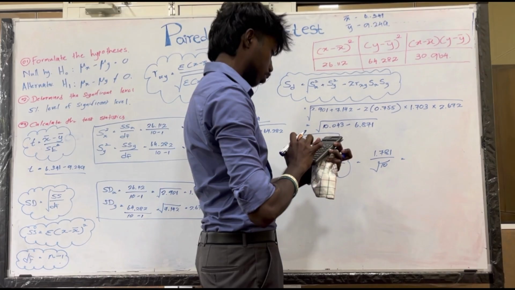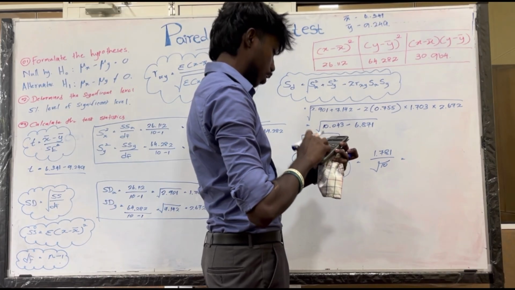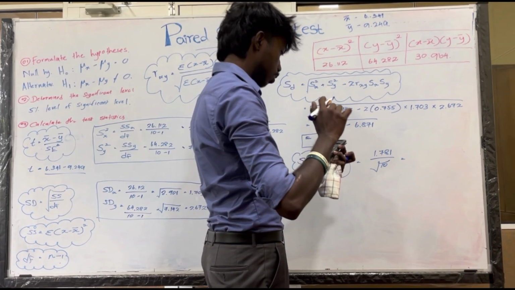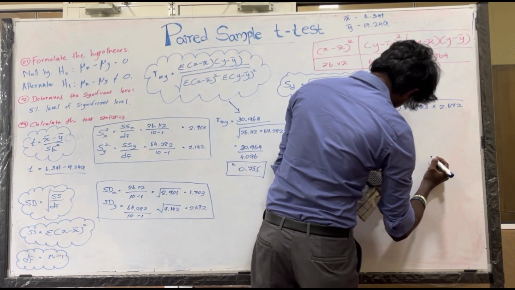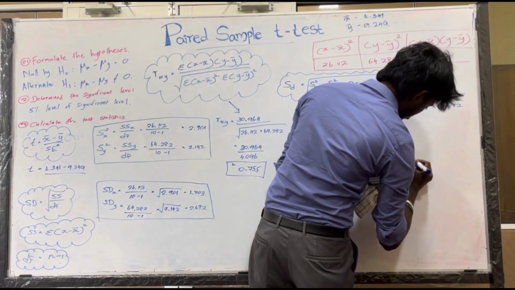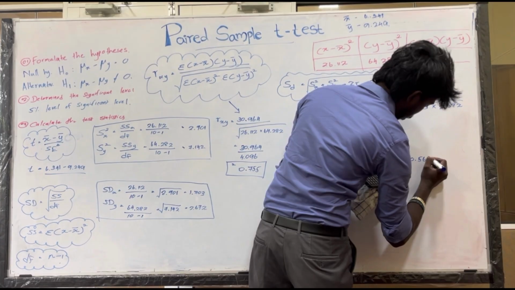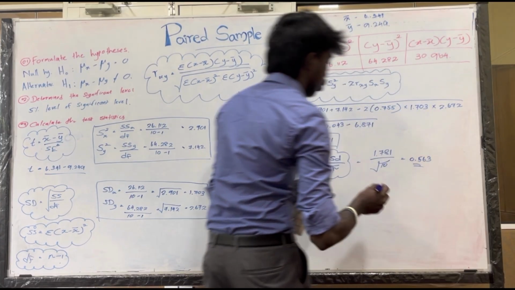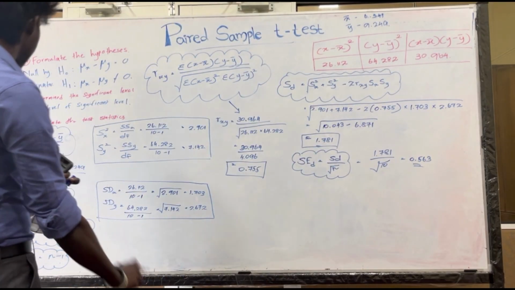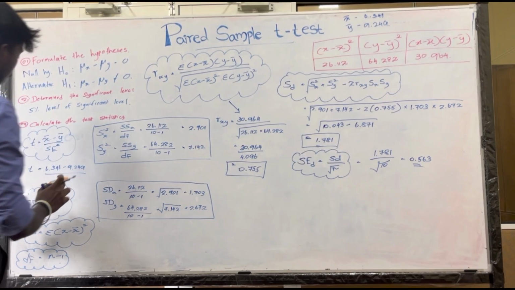So 1.781 divided by that answer. So the standard error of the difference we get is 0.563. So now we can calculate the answer of t.